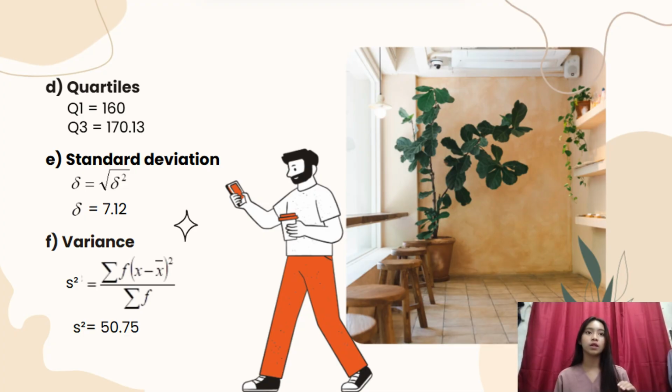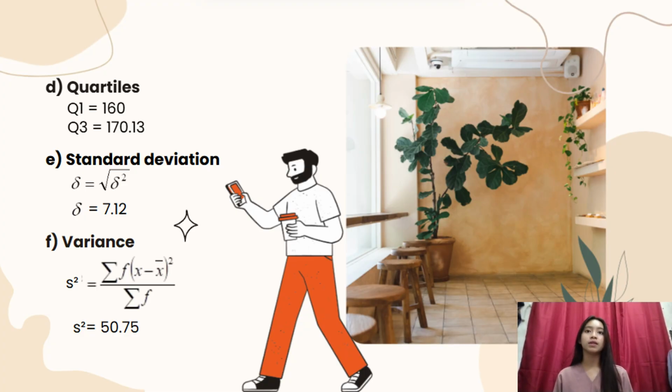This value falls in the class with a lower boundary of 169.5, a cumulative frequency of 73, a class frequency of 16, and a class width of 5. Substituting this into the formula gives a third quartile of 170.13.